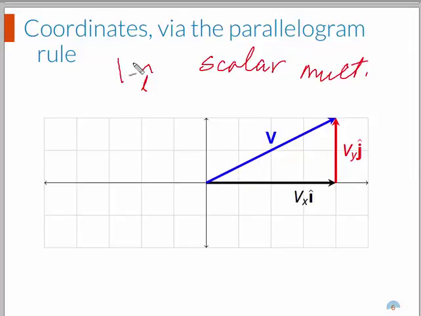I'm going to multiply it by some number that I'm going to call Vx. This is just a scalar, just a number. You may recall that the basis vectors are unit vectors, so they have a length of 1. Let's sketch one of those in.